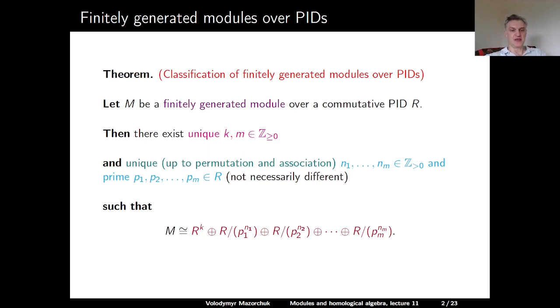The first summand is the regular module R to the power k. And then we have the torsion summands R divided by the ideal generated by p1 to the power n1, plus R divided by the ideal generated by p2 to the power n2, and so on, until the last summand R divided by the ideal generated by pm to the power nm.